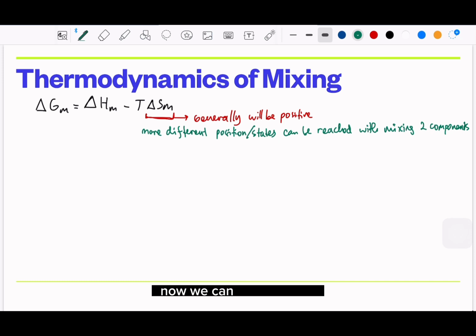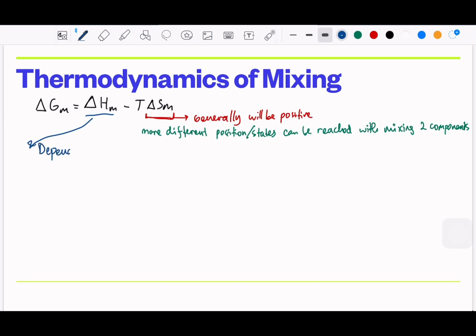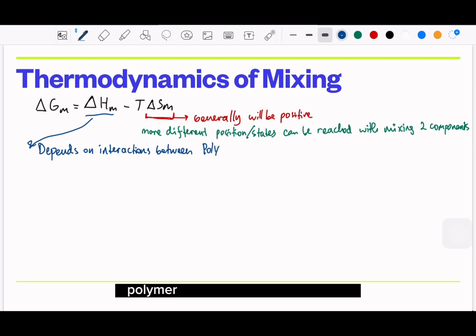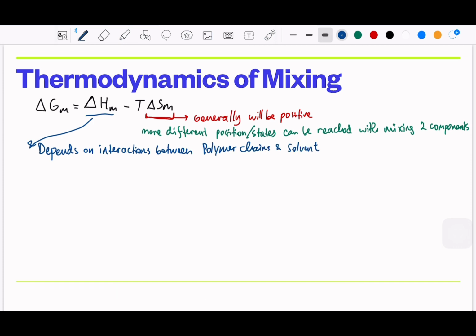Now we can describe this. The delta H, or the enthalpy, okay, will depend on interactions between polymer chains and solvent.